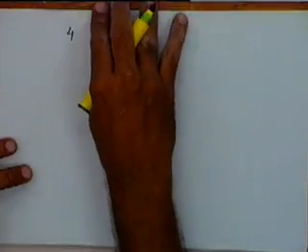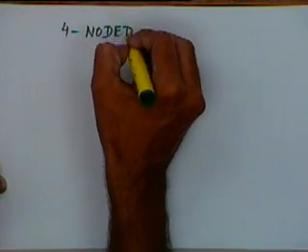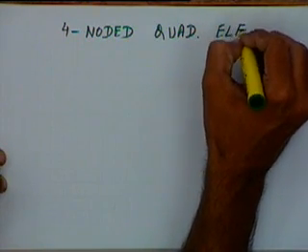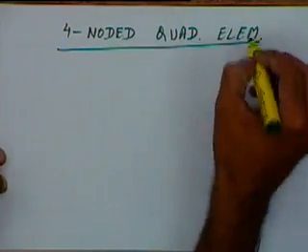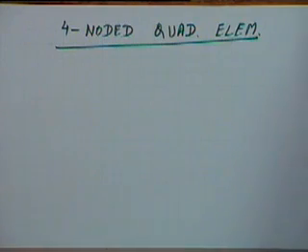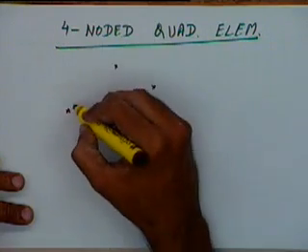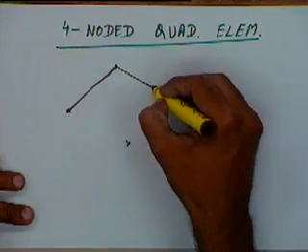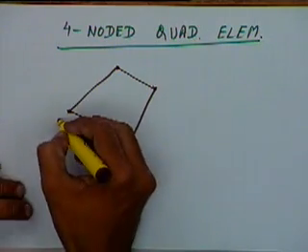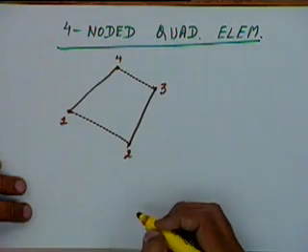If we have a four-noded quadrilateral element, that means our element looks like this. So we have 1, 2, 3 and 4.